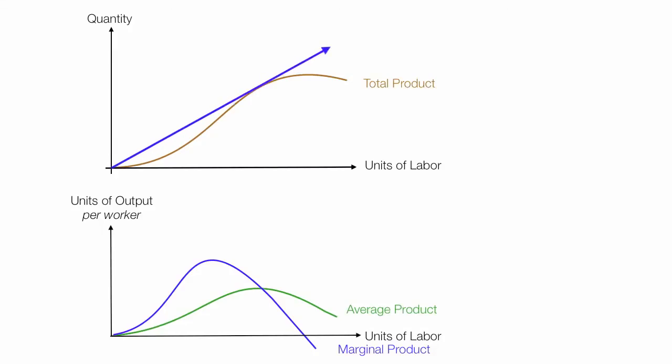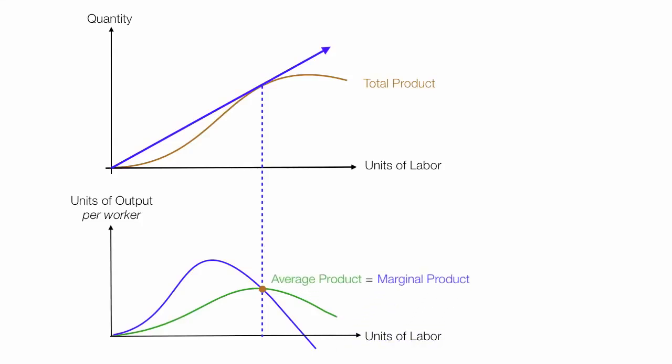If I draw a tangent line and just touch the total product curve like that, and I draw a straight line down, what that shows me is, at that point, average product is equal to marginal product.